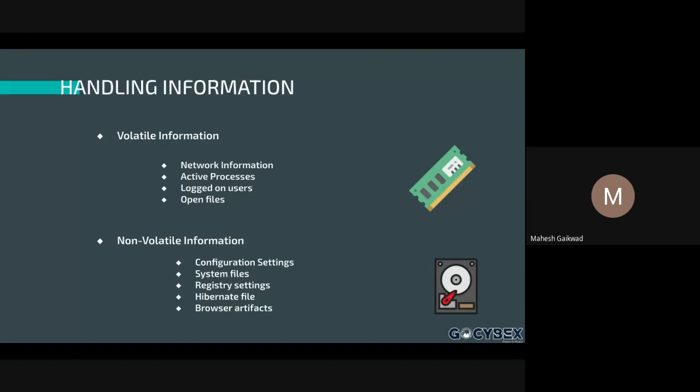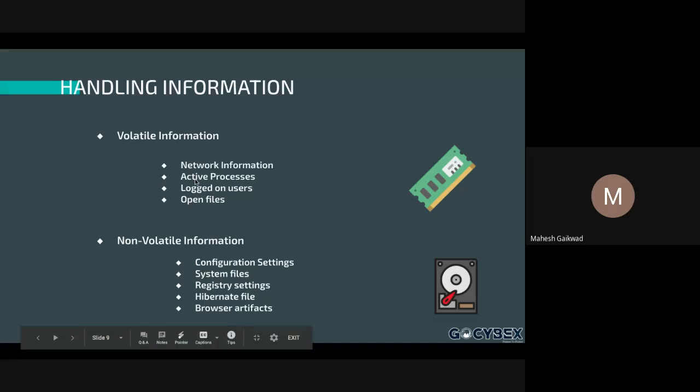So if you restart, that application will not be running. When you have opened an application, the memory associated with that application will be stored in the RAM until it is closed. Because it is constantly being deleted and overwritten, this is the reason why it is called volatile information.